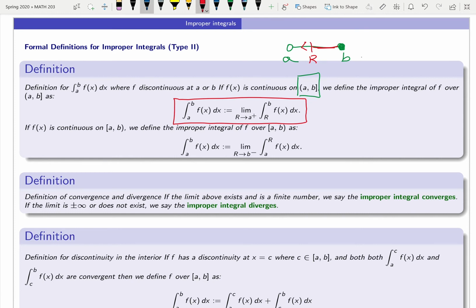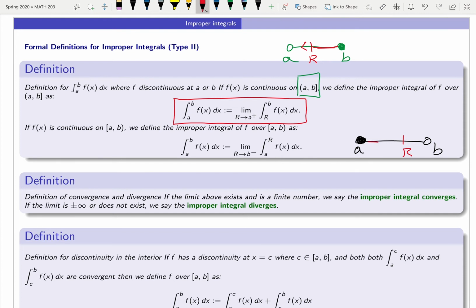Now if the situation is that f is continuous on the interval but not continuous at the right endpoint, so f is not continuous at b, you pick again a variable r between a and b.